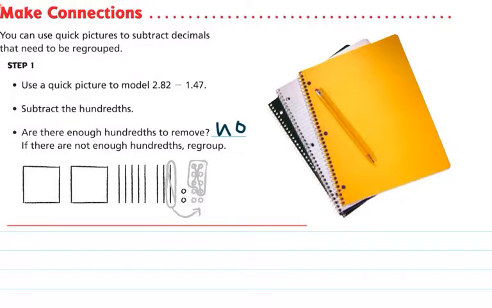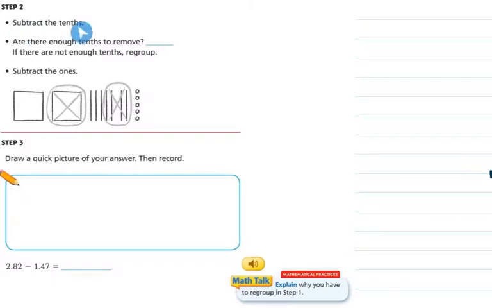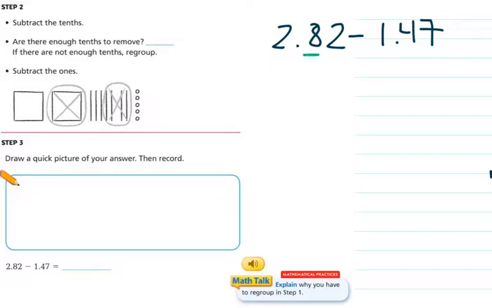So now we're going to subtract the tenths from that problem. I'm going to rewrite the problem just so everybody can see it, even though we're on 2 different pages right now. So now we're going to subtract the tenths, boys and girls. It says, are there enough tenths? Again, I'm going to underline the value. 4 tenths is less than 8 tenths, so we can subtract those.